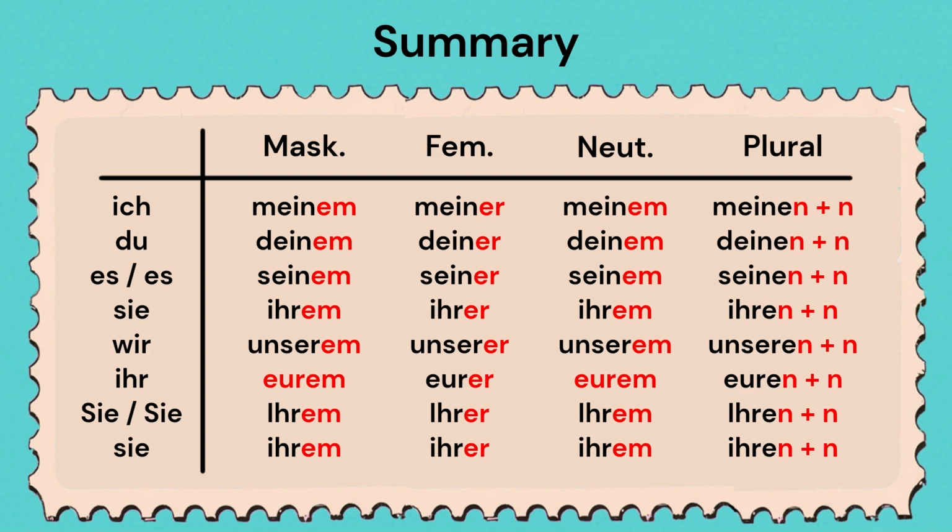So, all you have to do is, if the possessive pronoun is in dative, then you add an em when the article is masculine, er when the article is feminine, em when the article is neutral, and en plus an n at the end when the article is plural. Only euer changes to eurem oder eurer oder euren in Dativ.